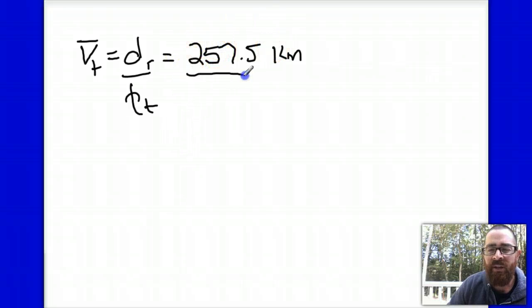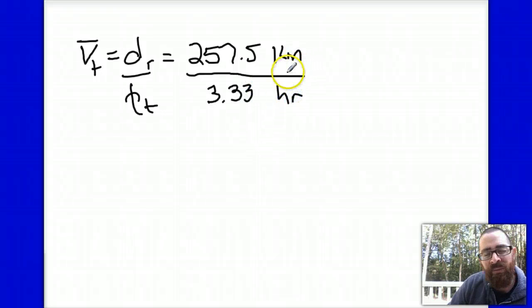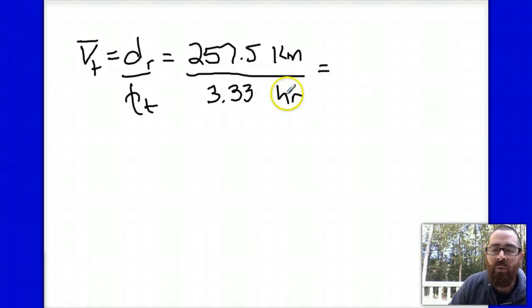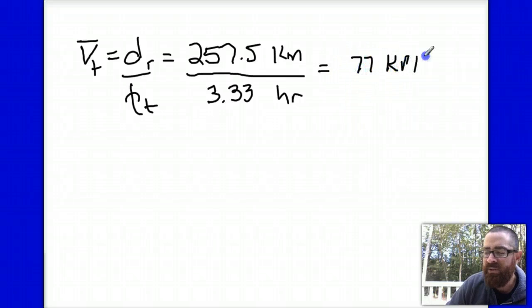I haven't used 260 here. This is an intermediate step, and I'm going to divide that by 3.33 hours. I chose 3.33 hours because I want my answer in kilometers per hour. If I had put it in minutes, that's fine, but my answer would be in kilometers per minute. We know that it's 3 hours and 20 minutes, or 200 minutes, but again, I've converted this to hours, and my final answer here should be 77 kilometers per hour.